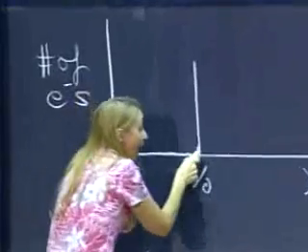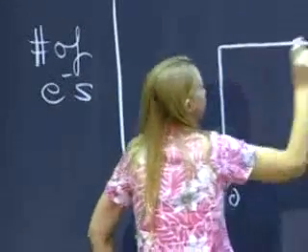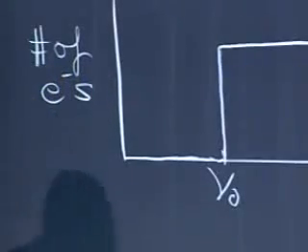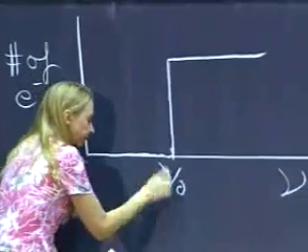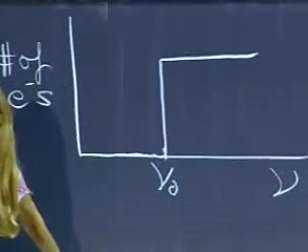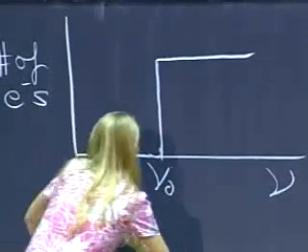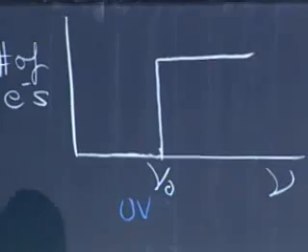And no matter how high you increase the frequency here, the number of electrons that come off remains the same, remains constant. And it turned out that for the metals that were looked at that time, this threshold frequency was in the UV range of the electromagnetic spectrum.